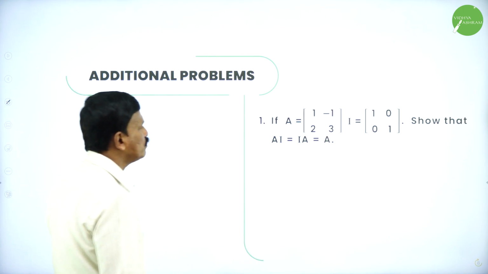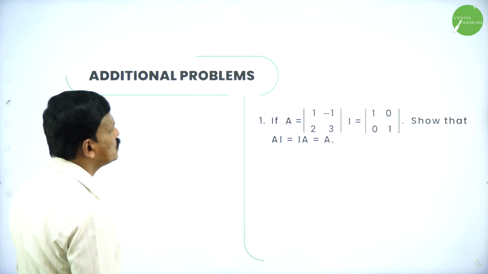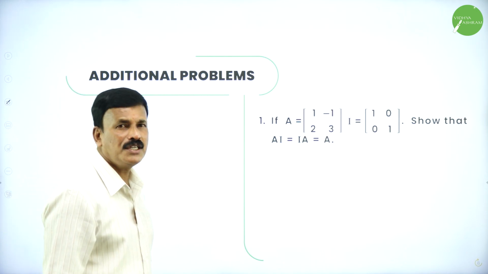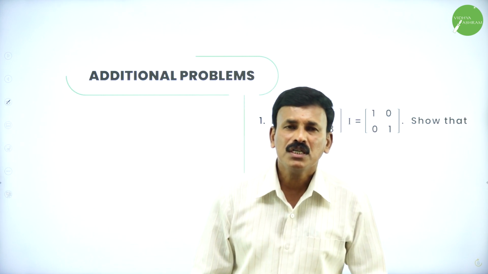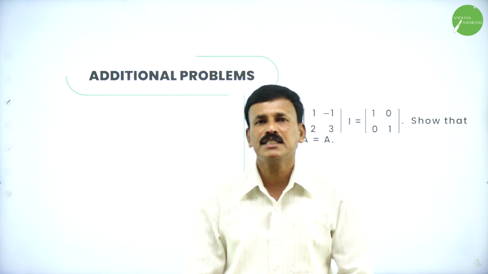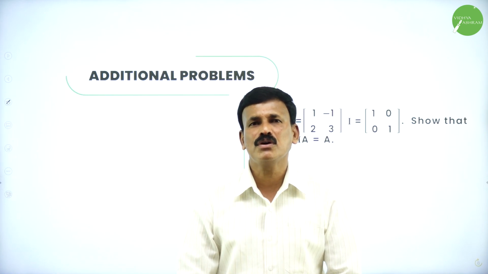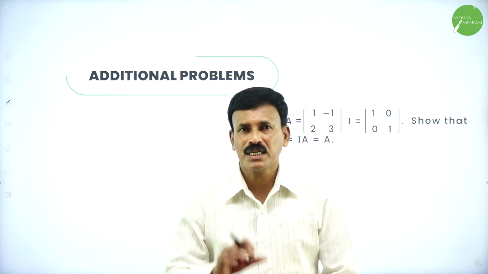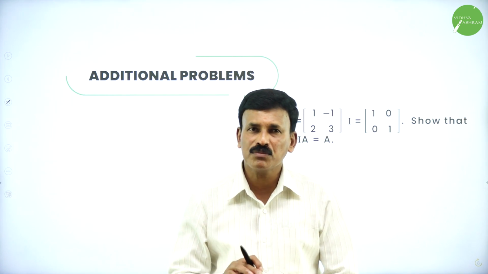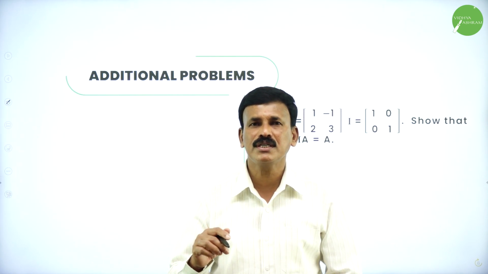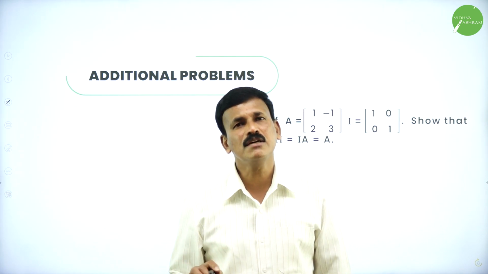If A is equal to 1, minus 1, 2, 3 and I is equal to 1, 0, 0, 1, show that A into I is equal to I into A is equal to A. That means if you multiply any matrix with an identity matrix of the same order, or an identity matrix with any matrix of the same order, then you are going to get the same matrix.